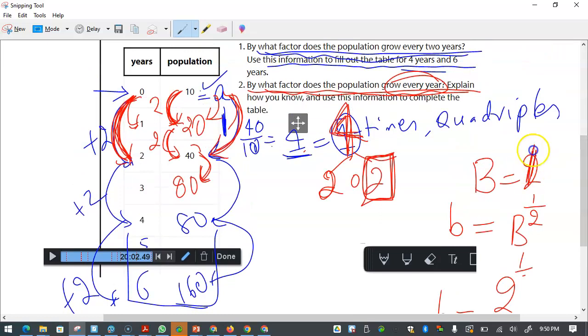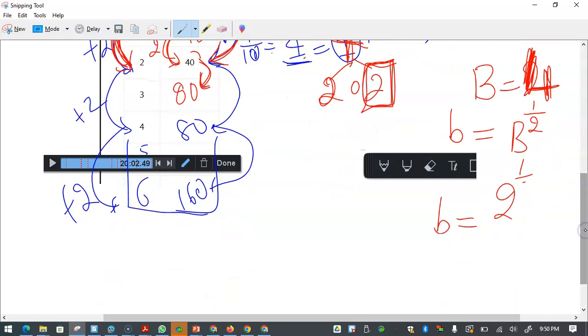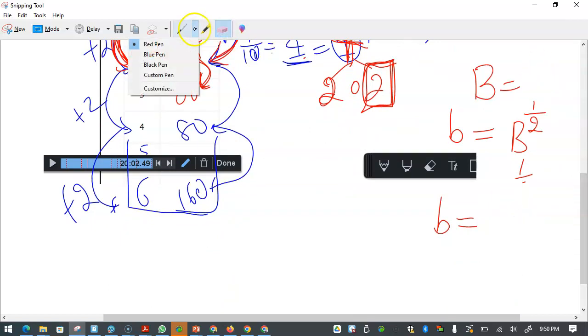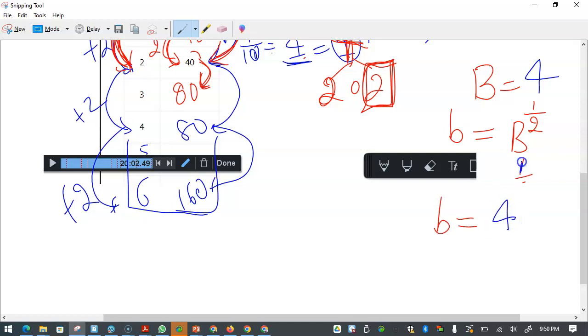The original was 4, right? For every 2 years it was 4, correct? So this is 4 for 2 years, but now it becomes 4 raised to 1 divided by 2. Of course, we know that this is the square root of 4, and that is 2.